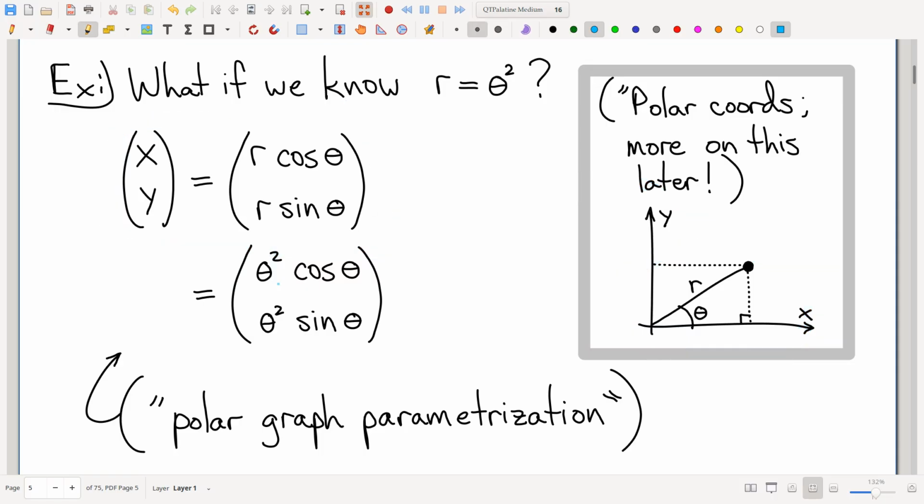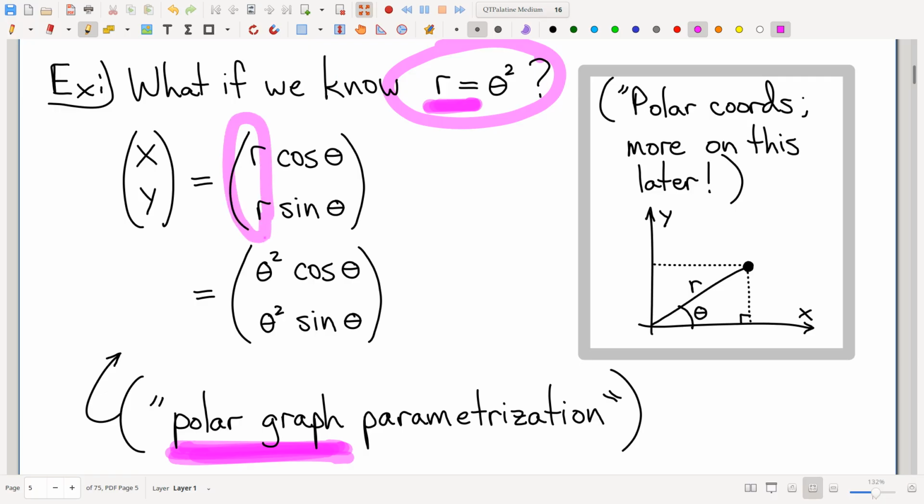And then, how do we do polar graph parameterizations? It's basically the same idea. A polar graph is where I've solved for one of the polar variables in terms of the other. And then again, just plug in, and it all falls together. So if I take this formula for r, just plug in theta squared, notice now I get position as a function of a single variable.